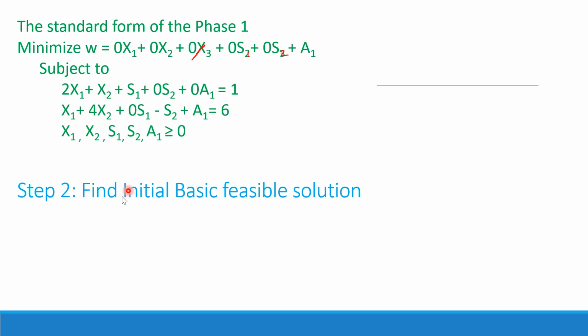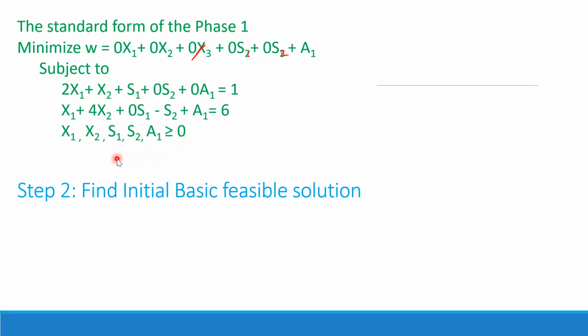Now so as to solve it, first of all we have to find the initial basic feasible solution, and in finding the initial basic feasible solution, you put some variables equal to 0. So if you put x1 and x2 equal to 0, you will get the value of s1. If you put x1, x2 and s2 equal to 0, you will get the value of a1.